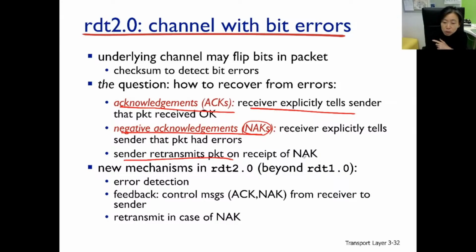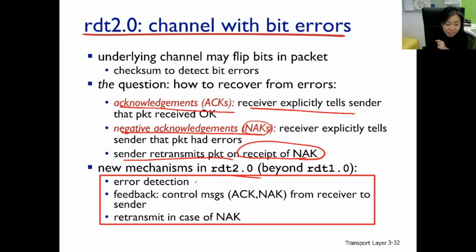So retransmission of the packet is triggered by receiving a NAK. This is exactly what's defined in RDT 2.0. Let me stress: first, detecting errors. Second, sending back feedback from the receiver. And then retransmission of the packet by the sender in case a negative acknowledgement is received.